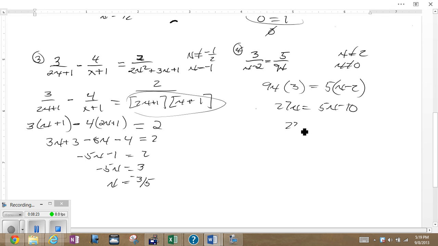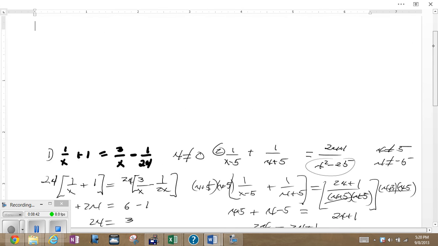Subtract 5x. 22x equals negative 10. x equals negative 10 over 22. Simplified, x is equal to negative 5/11. And we're done. There are a couple of problems.